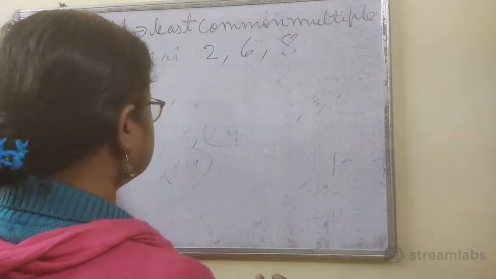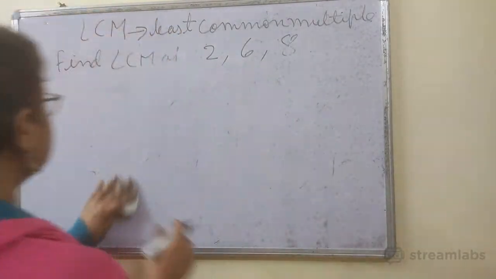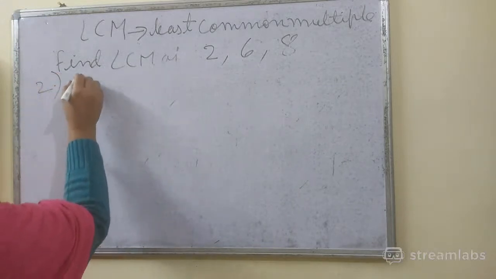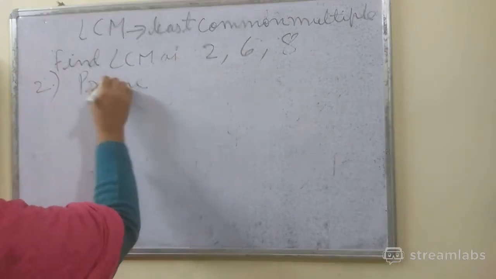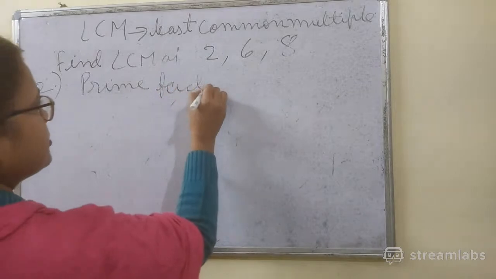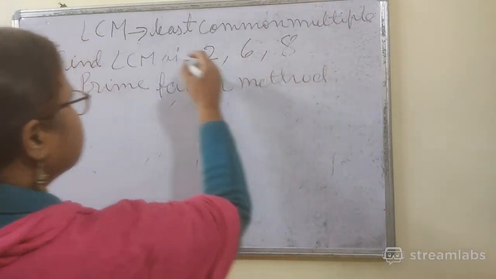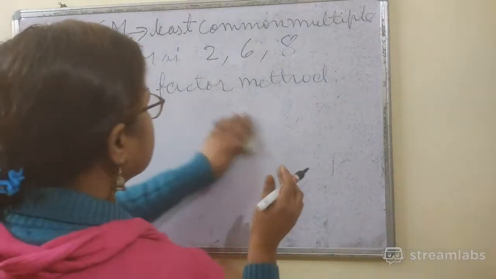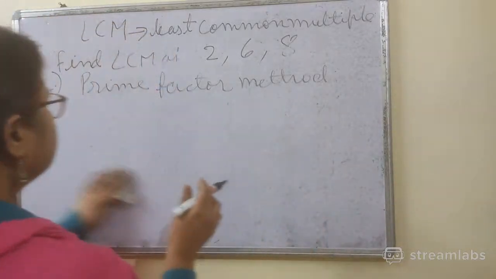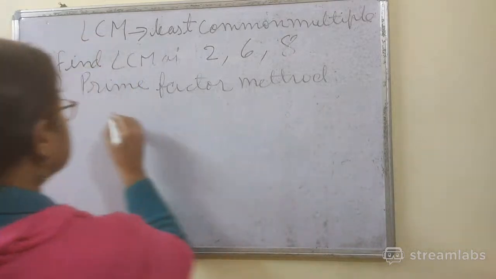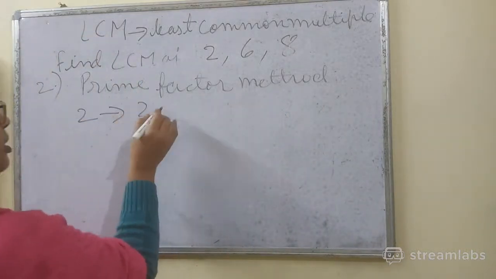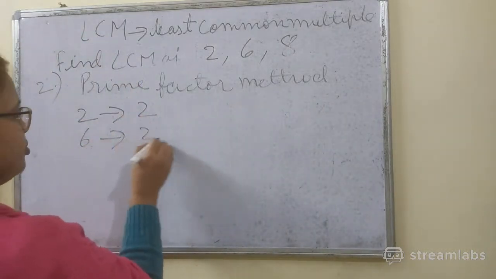The second method is the prime factor method. In this we will find the prime factors of 2, 6 and 8. The prime factor of 2 is 2. Prime factors of 6 are 2 and 3.